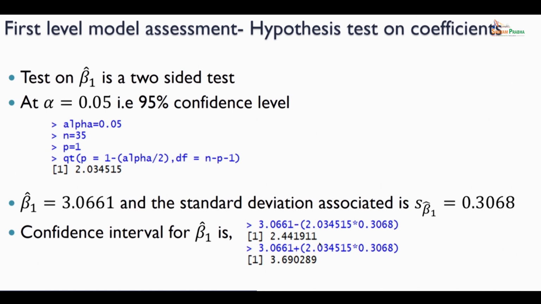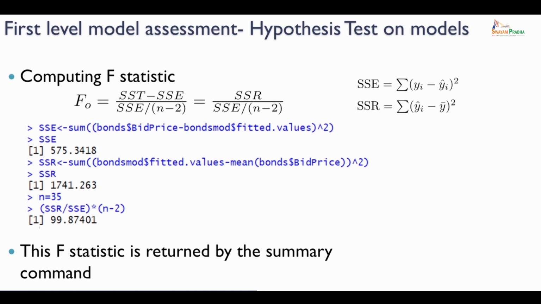By doing so, we get the lower bound as 2.44 and the upper bound as 3.69. So, now we know that this interval does not encompass 0, that is, anywhere between the interval I do not have 0. So, this itself is indicative of the fact that my beta 1 hat, that is the slope, is significant.